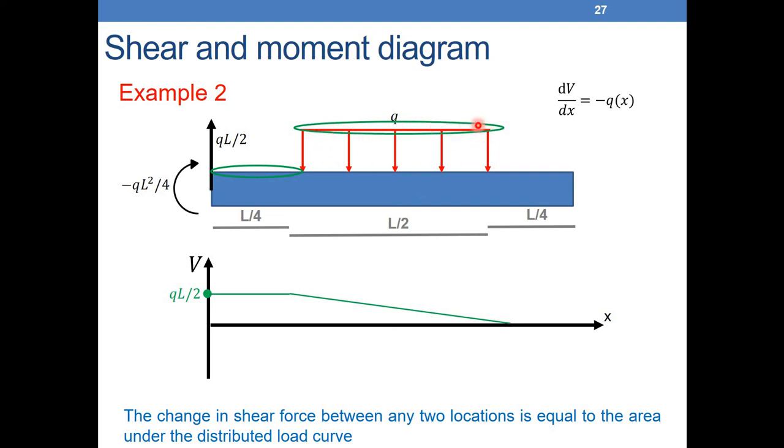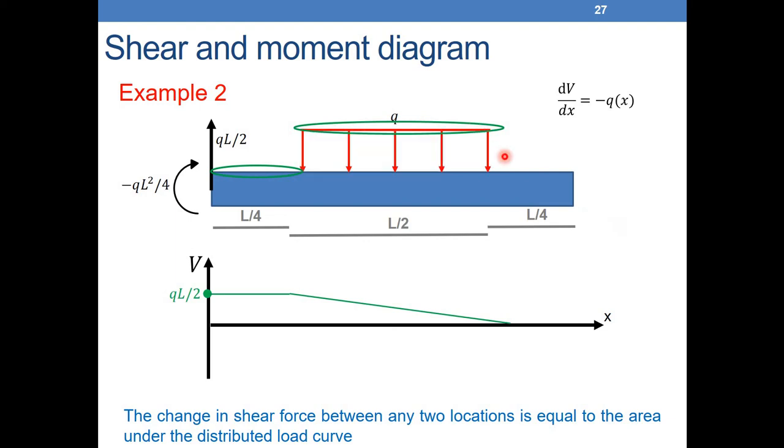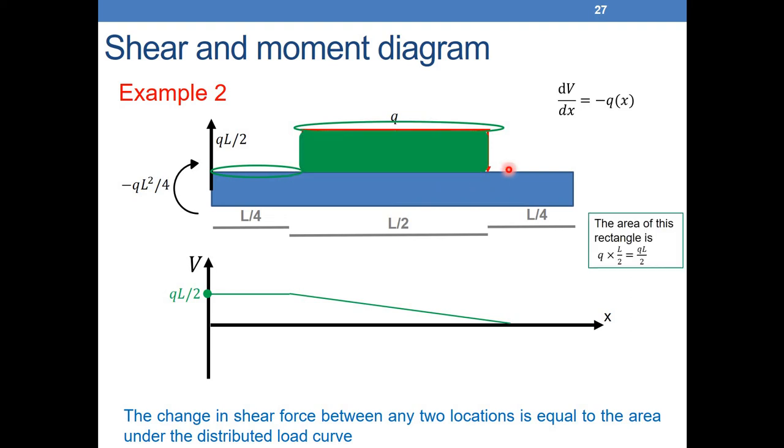It's Q times L over 2. So we have QL over 2, and we go down by QL over 2, so the point here will be 0.